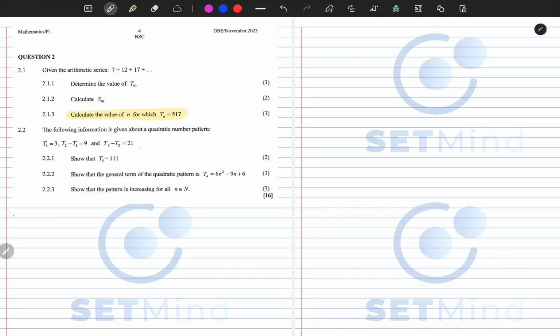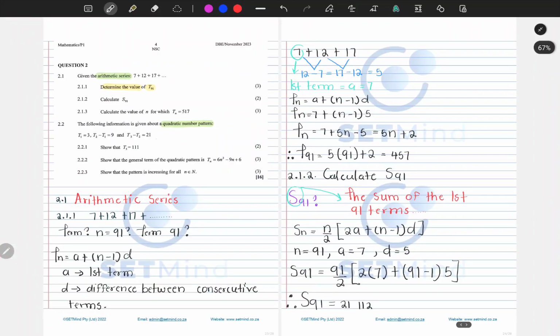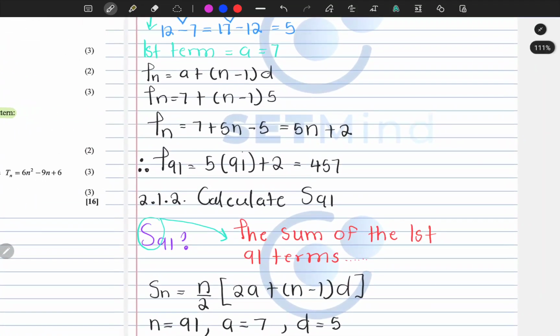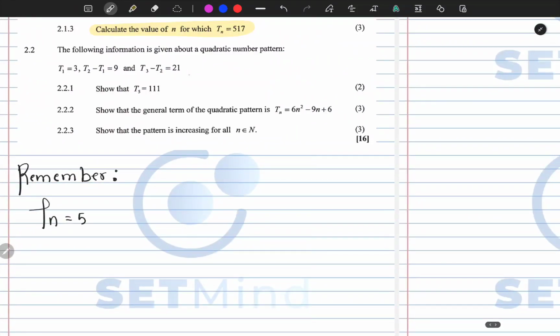So what you should remember is that previously we found Tn, which was 5n plus 2.